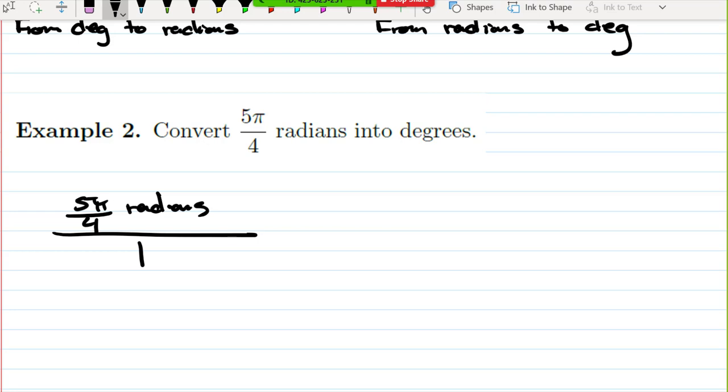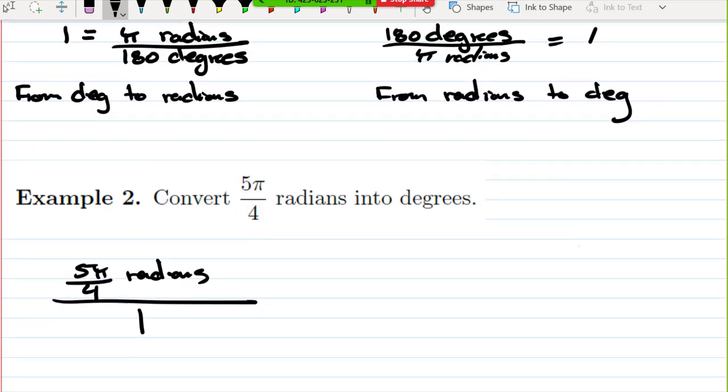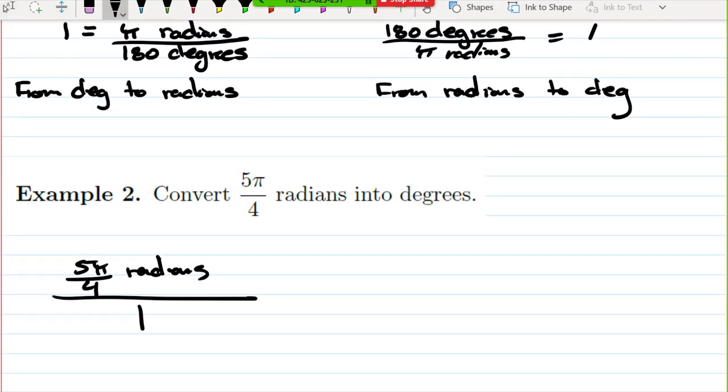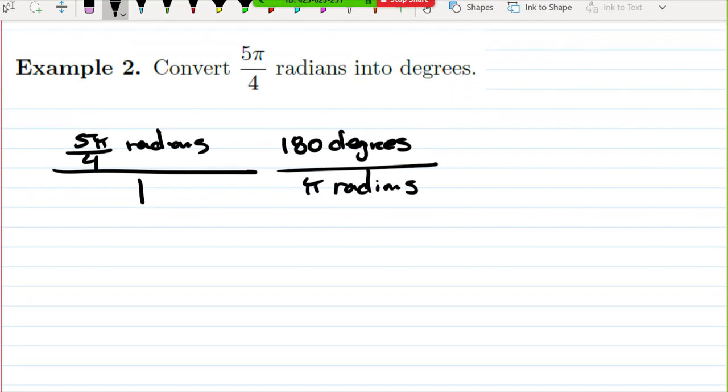I'm going to make it a fraction over 1, and I want to convert from radians to degrees. So I have radians in the top, so in my conversion factor, I'm going to need radians on the bottom, or the denominator. So I'm going to multiply by 180 degrees over pi radians. So now, when I do that, my radians reduce out, and the only units that are left are degrees, which is what I wanted.